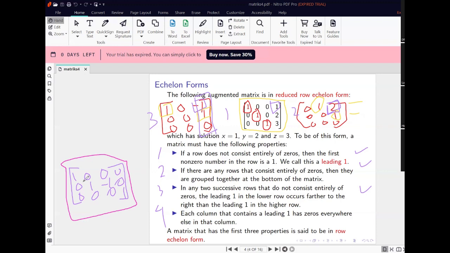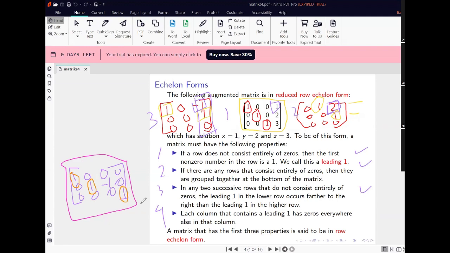For property number 3, we have to consider each row. The first row, this is the leading one. For the second row, this is the leading one. And for the third row, this is the leading one.